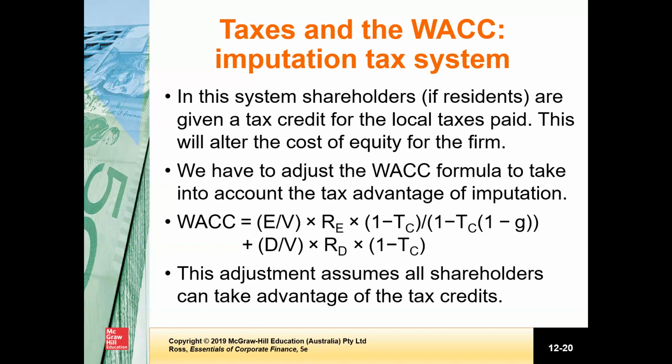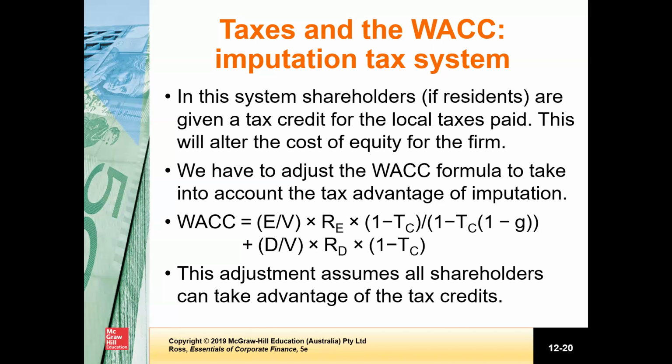Under an imputation tax system, the dividend in the hands of the domestic shareholders is increased by the value of the tax paid by the company on its profit. This tax payment by the company gives rise to what is known as franking credit, which represents a prepayment of tax for resident shareholders. Assuming 100% franking credit, the dividend will be increased by the value of the company tax paid on the dividend to the shareholder.